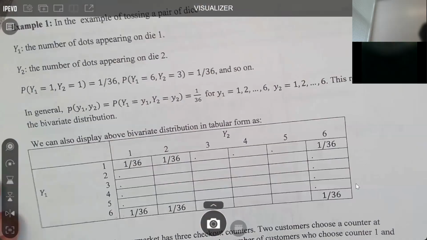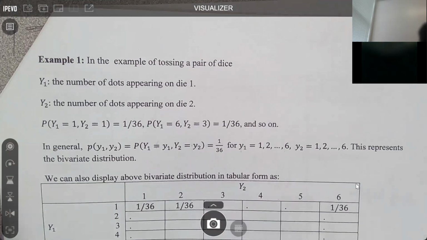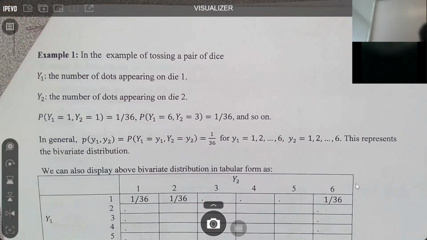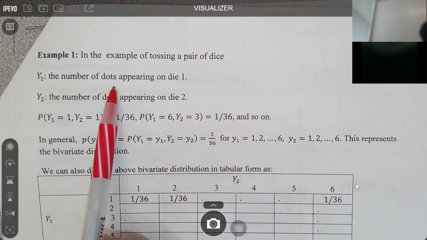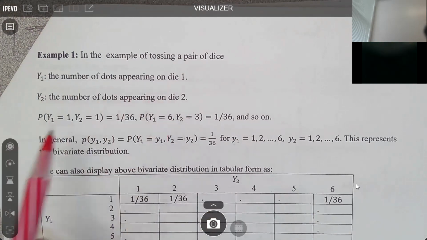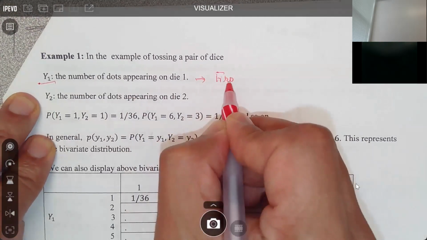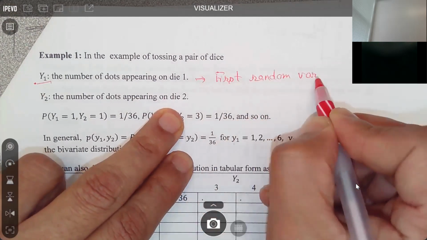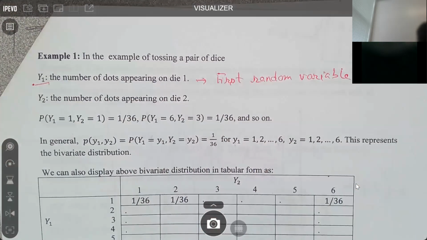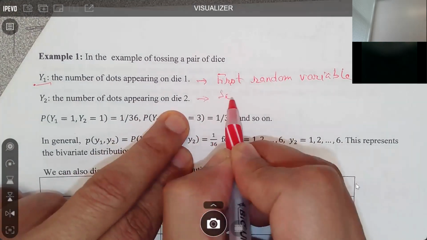Now here it comes. This is the same example we talked about a couple of minutes before, the example of tossing a die. Y1 equals the number of dots that appear on die 1, the first random variable, and Y2 is the number of dots on die 2, the second random variable.